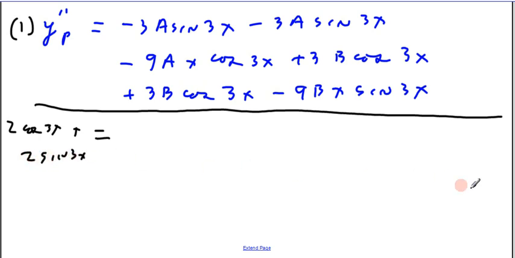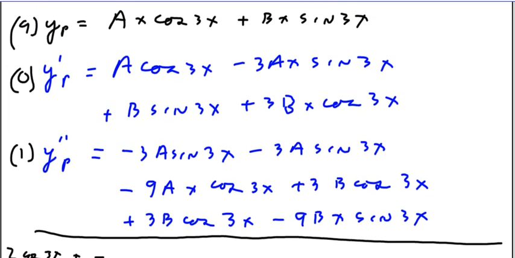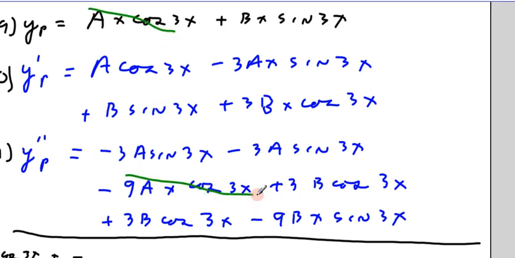That's what we're looking for. Okay, so, that being the case, I have 9ax cosine, I have minus 9ax cosine. Boom, boom, they go away. I have 9bx sine, boom, 9bx sine, they go away.